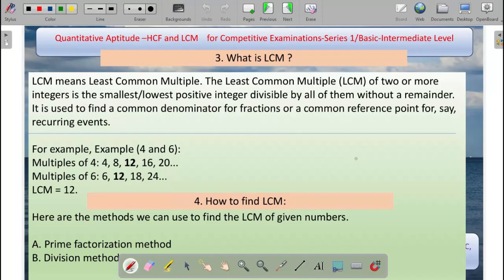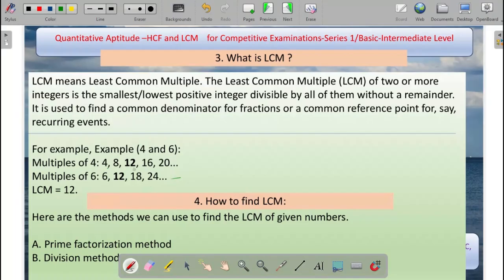Now, for example, say 4 and 6. What are the multiples of 4? 4 into 1 is 4, 4 into 2 is 8, 4 into 3 is 12, 4 into 4 is 16, 4 into 5 is 20, and so on. Similarly, the multiples of 6 are 6, 12, 18, 24, and so on.